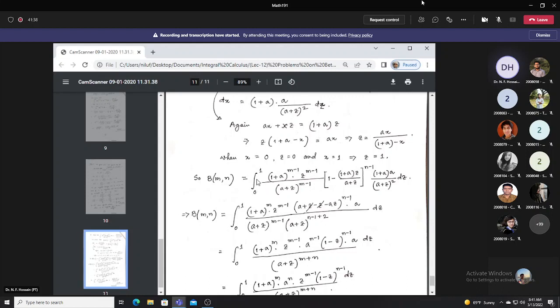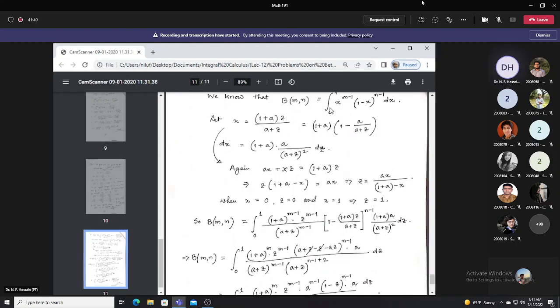So we go back to the integral in the definition of beta function, 0 to 1, and the value of x is this: (1 plus a) into z by (a plus z), and here the power is m minus 1, so all the powers should be m minus 1. (1 plus a) whole to the power m minus 1, z to the power m minus 1 divided by (a plus z) whole to the power m minus 1, and then within bracket, 1 minus, what is the value of x?